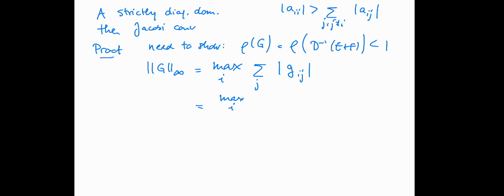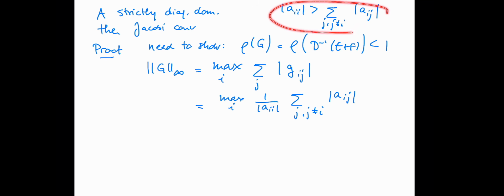So D inverse gives rise to 1 over the diagonal entry. And then we get the sum over j unequal i, that's the E plus F part in the expression, of |A_ij|. Now what is interesting is if you look at what I wrote at the very top of this slide, we see that this A_ii is really bigger.